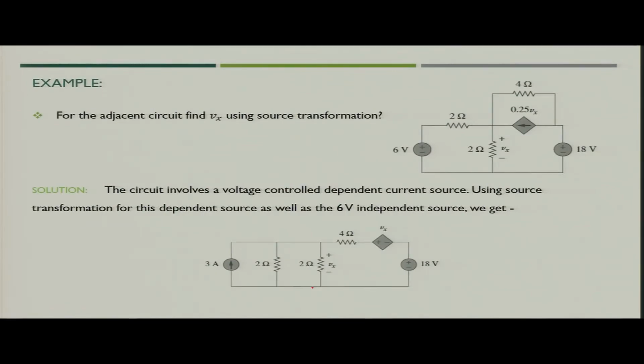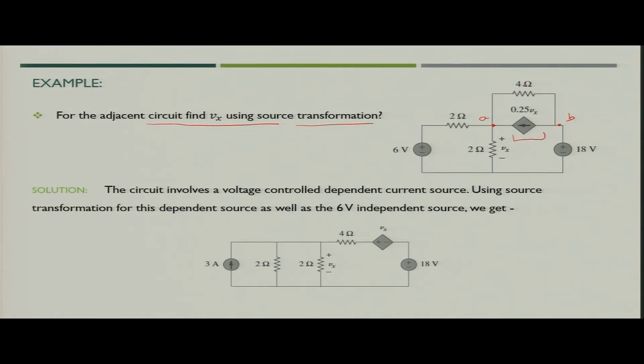Now, let us see a slightly complex circuit where we have one dependent current source. How will you use source transformation in this case? So, you will see this particular segment of the circuit. If you say these are terminals A and B, what you are seeing is one current source in parallel with one 4 ohm resistance.